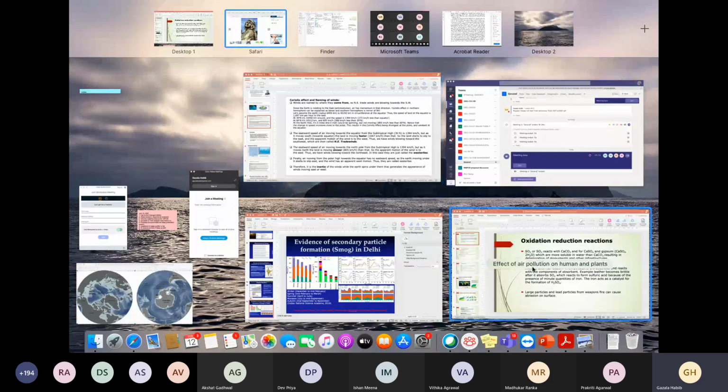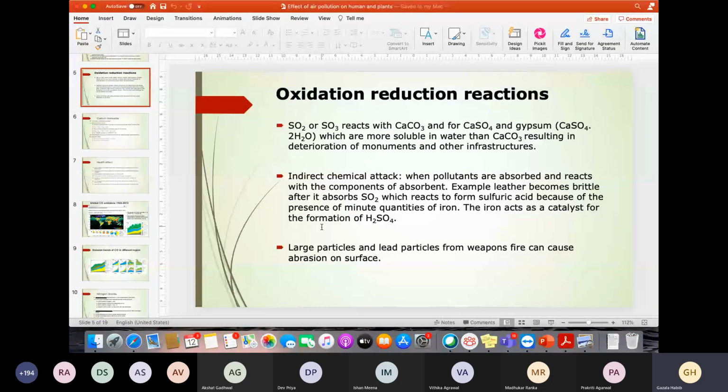So these are also oxidation reactions. When H2SO4 is present, it will react with calcium carbonate and form calcium sulfate, and there is a loss of calcium carbonate from the monument.